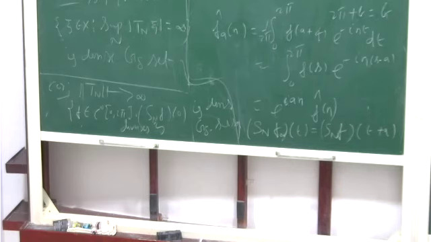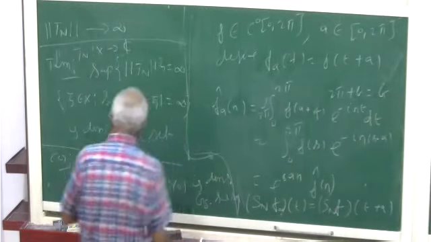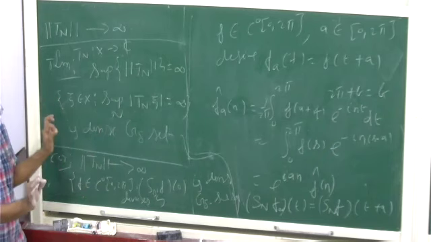That's what I'm saying. Given any point a, you have a G delta set of functions in C0, 2 pi where the Fourier series diverges. The statement is clear. Given any point, there is a G delta subset for which the Fourier series diverges.